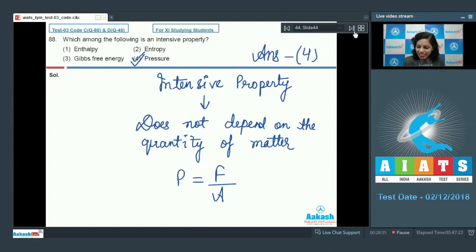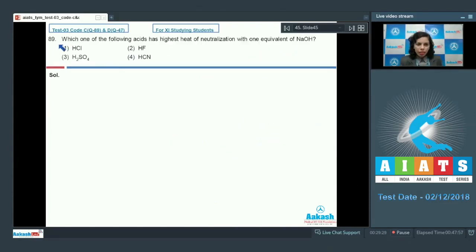Now, after this, let's take question number 89. Question number 89, which one of the following acids has highest heat of neutralization with 1 equivalent of NaOH? It means we are talking about the process of neutralization where we have 1 equivalent of NaOH and we just want to find out that acid which has highest heat of neutralization.